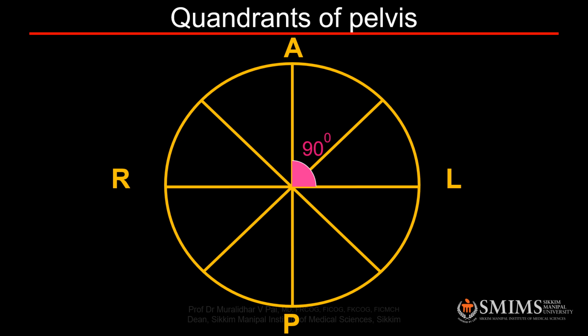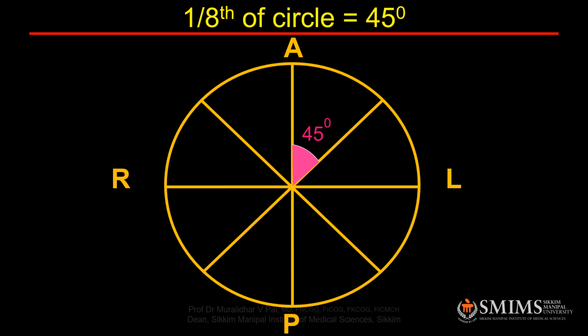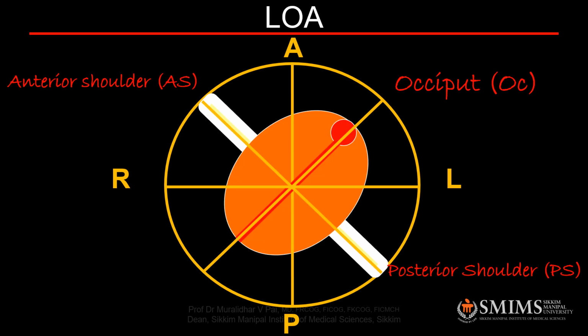In the upper quadrant, there are 90 degrees, but the head has to rotate only by 45 degrees. That is 1/8 of a circle. The red line represents sagittal suture and the red dot represents occiput.